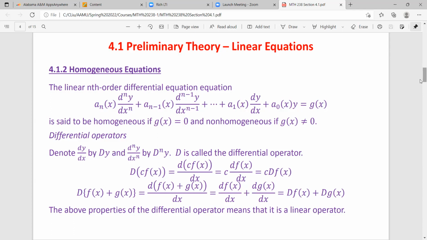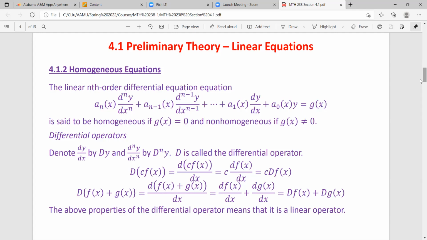And it obviously is easy to show that this operator D is linear. For example, if you try to differentiate C times f, then you can take out the constant C, and so the whole thing just becomes C times D f.